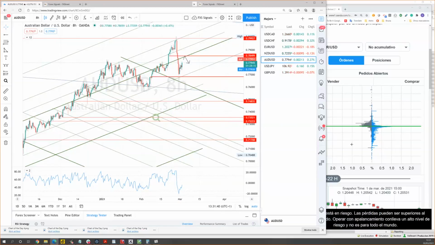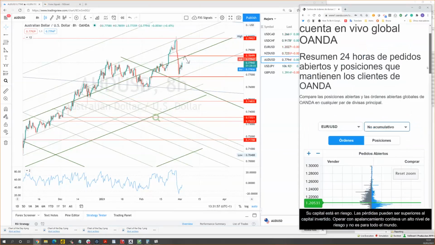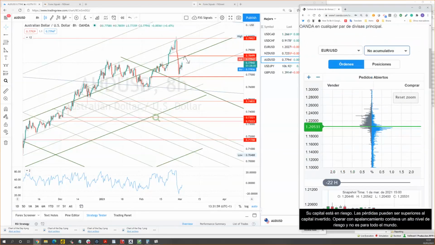This is based on the positions of clients in the broker dealer Oanda, which is a market maker in this case, and they offer this information for free, so you can look at how their clients are positioned, and we look at this as a proxy for the whole market, because usually participants tend to put their stops and targets at very similar places.